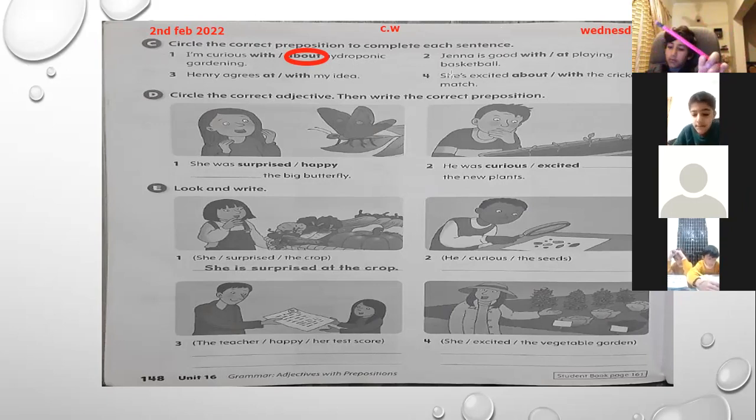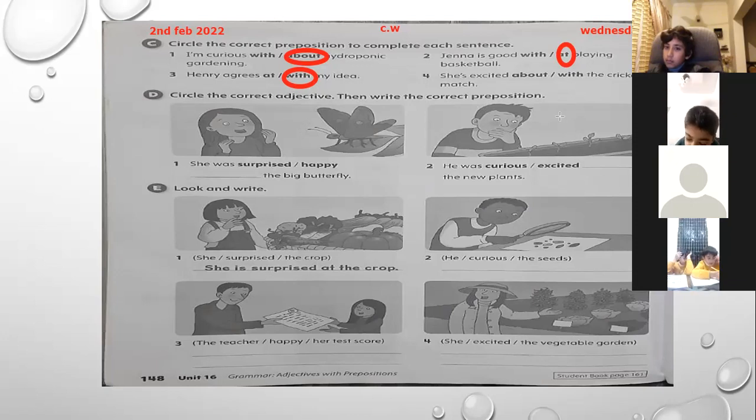Number 2, Jenna is good dash playing basketball at. Henry agrees with my idea. Okay. Henry agrees with my idea.